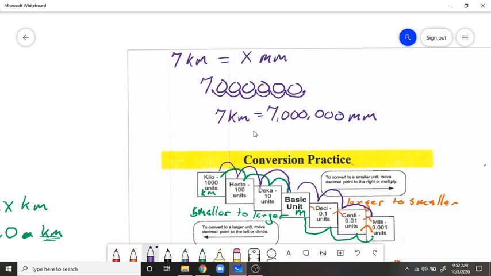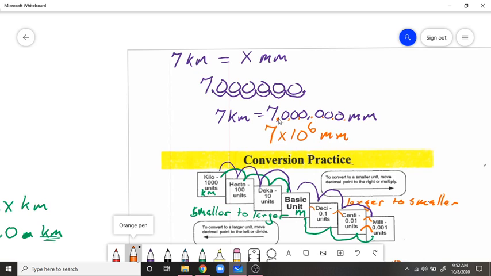And just for kicks and giggles, let's write that in scientific notation. If I was going to write this in scientific notation, I first need to make it be a number between 1 and 10. 1, 2, 3, 4, 5, 6. So my answer is going to be 7 times 10 to the 6th millimeters.